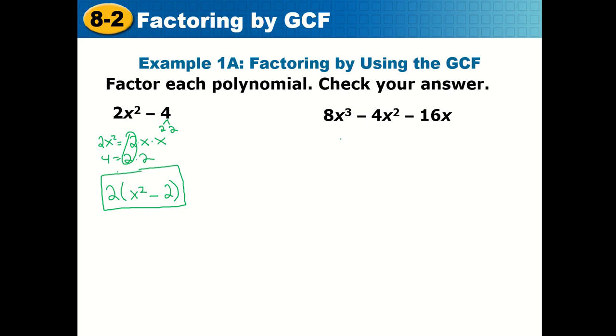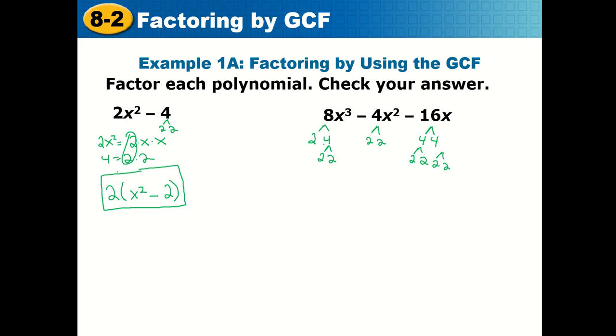This one's a little bit longer, but let's take a look at this one. First we can do our factor tree to figure out our common factors. You can look at it and probably see right away what my common factor is. If you do, great. If not, then hang tight.